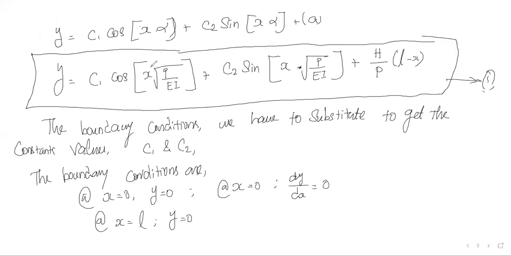That is at x is equal to 0, then y is equal to 0. Therefore, the equation 1 becomes y is equal to 0, then C1 cos 0 plus C2 sin 0 plus h by p into L minus x. If I substitute x is equal to 0, the entire term inside becomes 0.